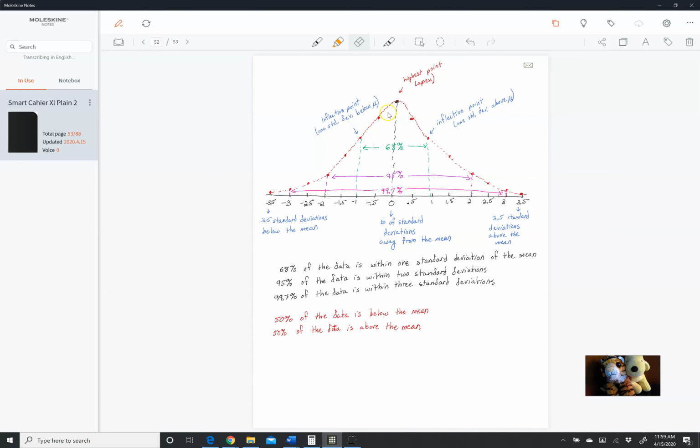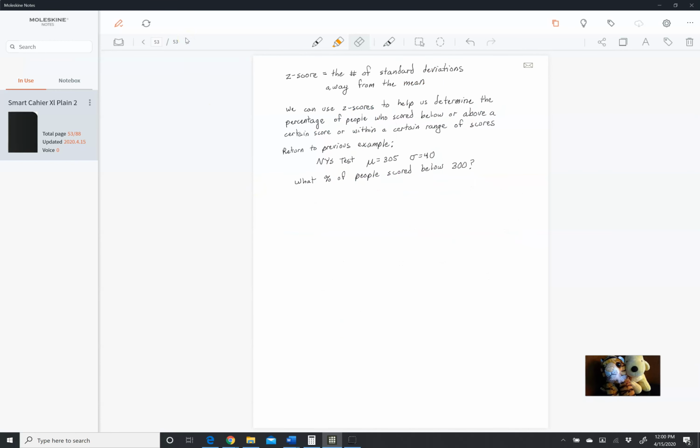So if we could figure out the number of standard deviations away from the mean that is, then we can figure out what's the area under the curve, or what percentage of the curve is below that number, and that will answer our question. Okay, so this seems like it's going to be really complicated, right? How are we supposed to determine area? Well, they actually make it very easy for us.